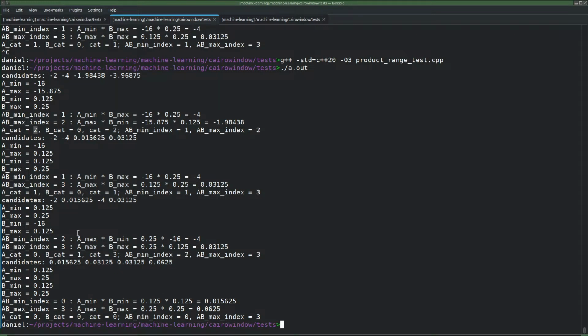There is no difference between A and B, so it should be symmetrical in A and B. So if you see category 2, A category is 2 and B category is 0, then there should also be A category is 0 and B category is 2. But you don't see that, which is a clear indication of some kind of bug in my program.